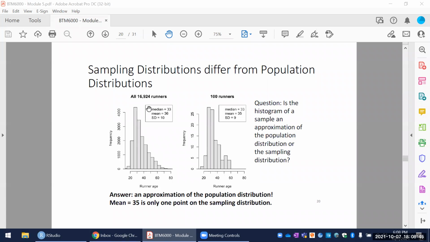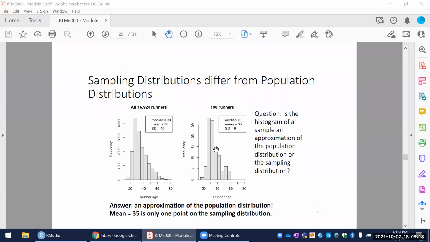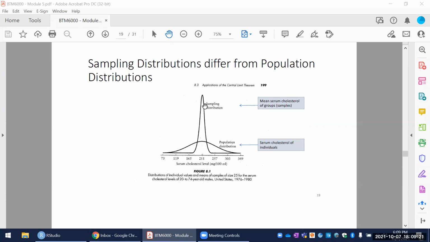If we are comparing histograms of the population versus histograms of the sample, the question here is: is the histogram of a sample an approximation of the population distribution or the sampling distribution? The histogram here depicts something that shall resemble the population distribution, so it's an approximation of the population distribution. And the mean of 35 of this sample is just one example of the sampling distribution.